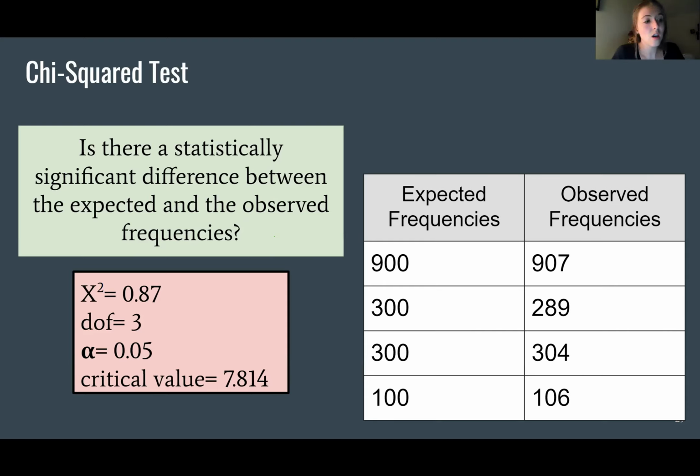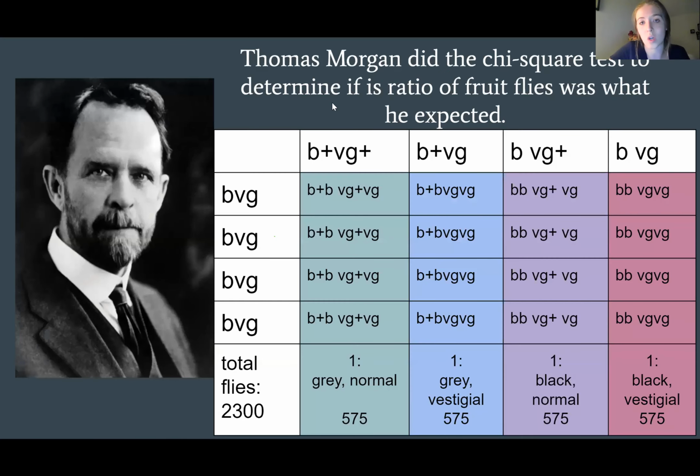Okay? Now, why would we use this unless you're a rabbit breeder or a dog breeder? Well, it turns out that Sturtevant and Thomas Morgan did the chi-squared test to determine if his ratio of fruit flies was what he expected. This is a lot of fruit fly genetics, so hopefully this isn't too confusing.